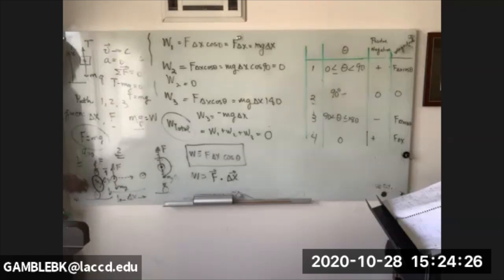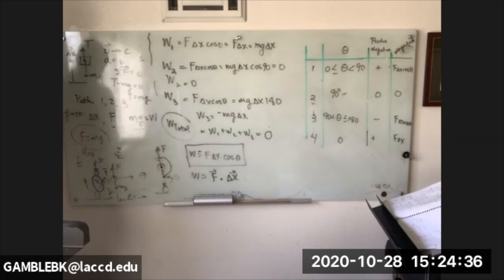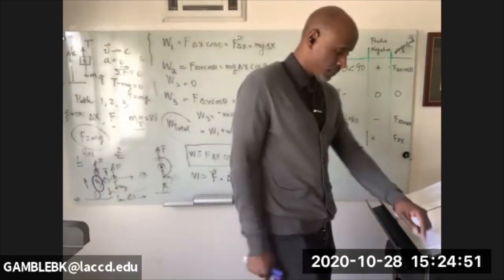So the total work done on the object was actually 0 by all forces. But yeah, now that we understand that, that's an official introduction of the concept of work.